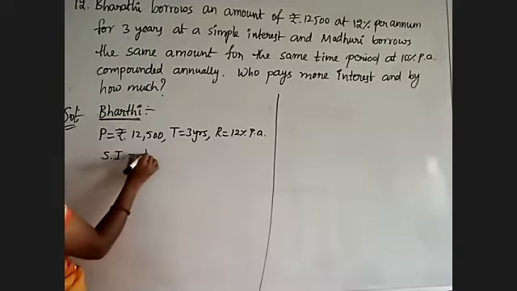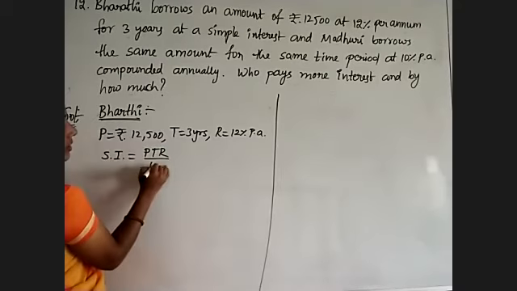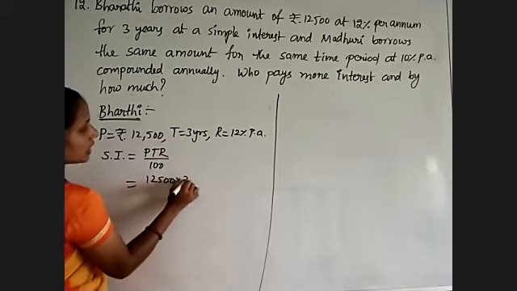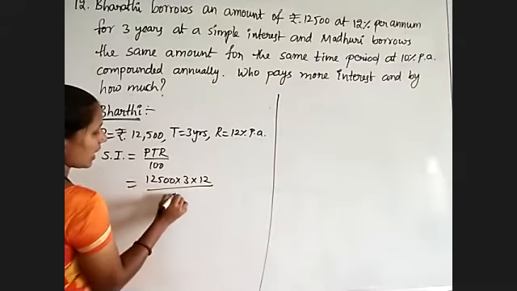Simple interest is given by the formula PTR by 100. Substituting every value: 12,500 into 3 into R, which is 12, by 100.